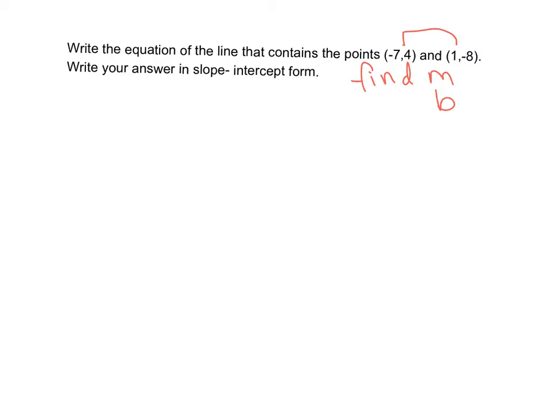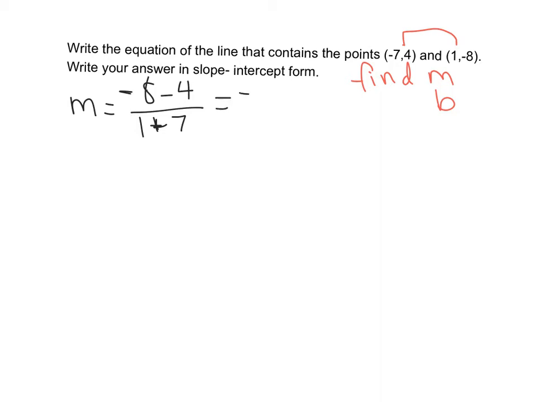So I'm going to find the slope first, and I'm going to do negative 8 minus 4 over 1 minus 7. Notice I put the numbers in the same order: I started at the second point and went to the first point, so I'm going to start with the second point and go to the first point in the denominator.